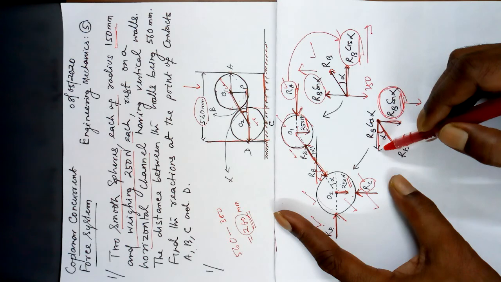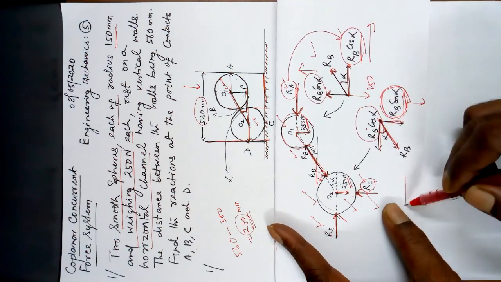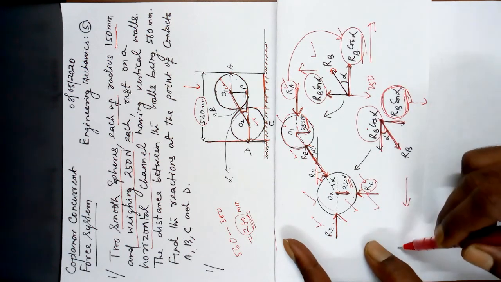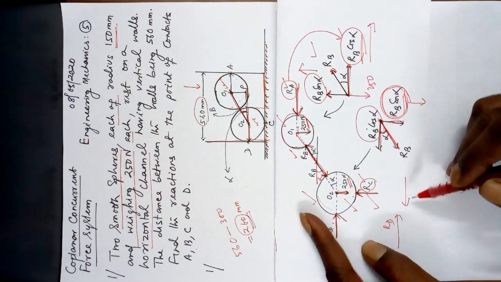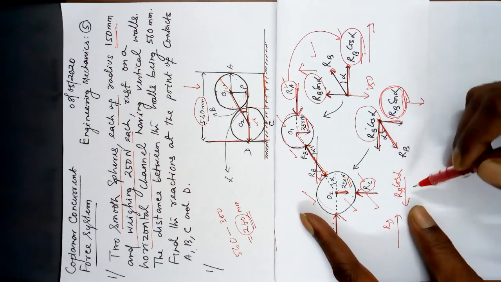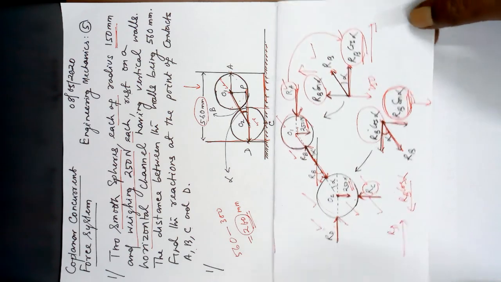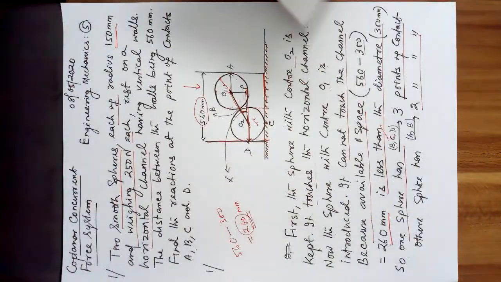This is your RB cos alpha, along the x-axis, to this side. RD is to this side. So they must be equal, so that they will cancel, because they are already opposite. So let us make them equal.